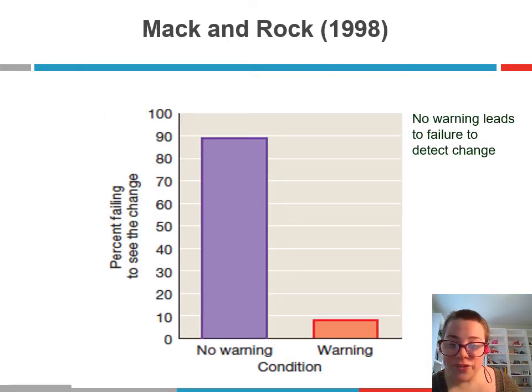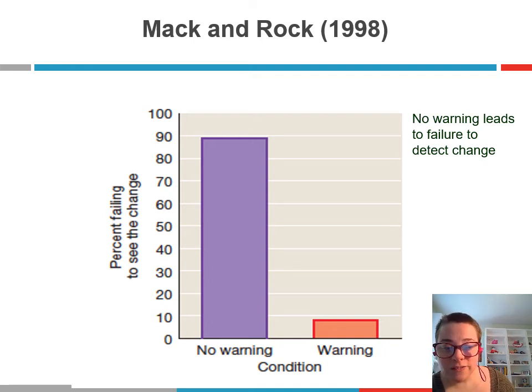And what they found is that overwhelmingly, people failed to notice it, even when it was a bright yellow diamond, right? So if you gave people a warning and you said, by the way, sometimes this fixation cross is going to change shape, and we want you to indicate when you notice that change, about 90% of participants were able to detect that change.